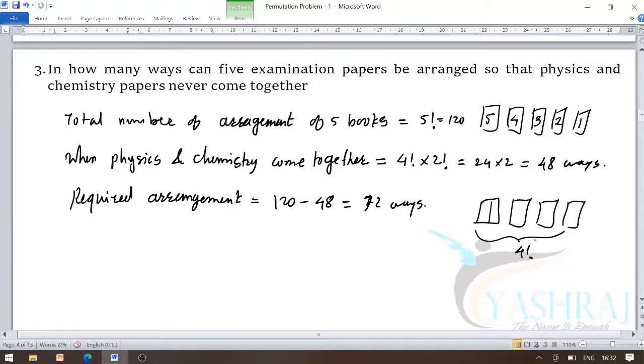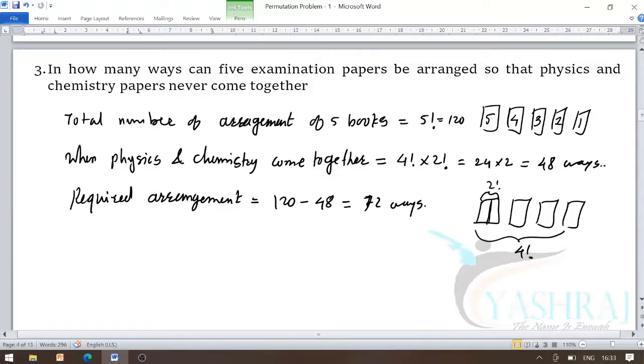Among them, physics and chemistry come together in one compartment. So there are 2 factorial arrangements, either physics first then chemistry, or chemistry first then physics. So as per the multiplication principle, 4 factorial into 2 factorial becomes 48 ways of arrangement where physics and chemistry books come together.